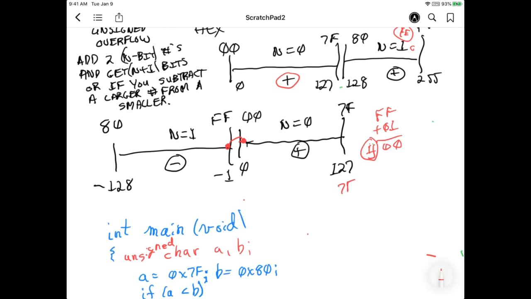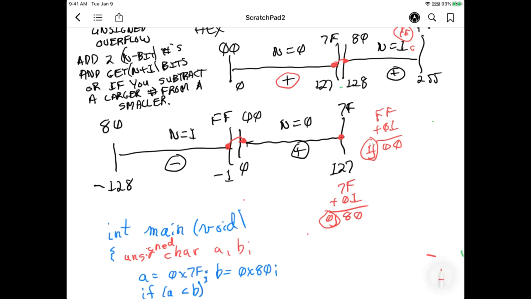Let's take a look at a different one though. Let's take a look at 7F plus 1. That gives us 80 and no carry. What does that mean? That means 7F plus 1 is 80, and since the carry is 0, it is a valid unsigned result. However, let's take a look at it as a signed number. 7F is 127.